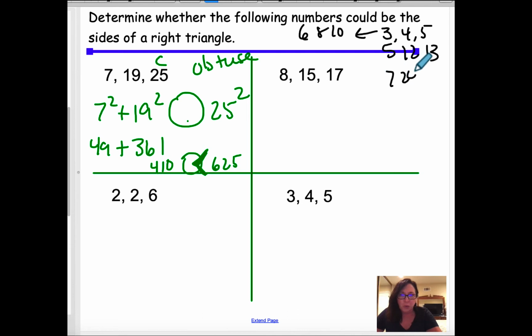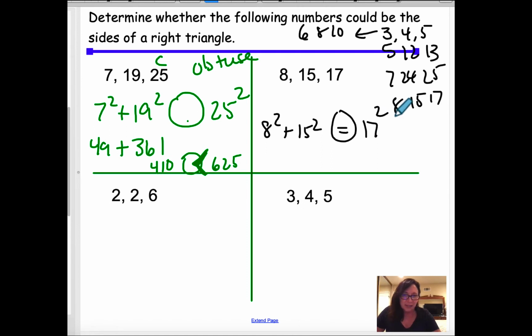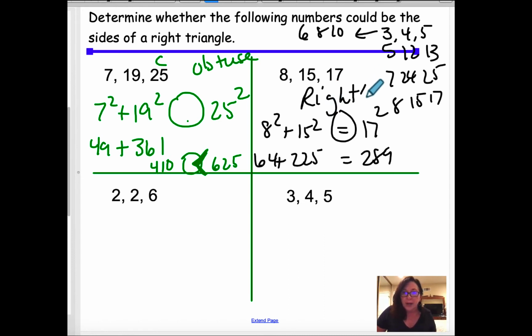There's a 7, 24, 25, and yes, there's an 8, 15, and 17, meaning 8 squared plus 15 squared does equal 17 squared. And so you can just verify all of that. We know this is 289, which is equal to 225 plus 64. 289 equals 289. So this one right here definitely is a right triangle.